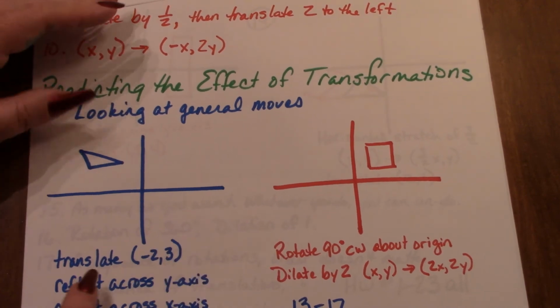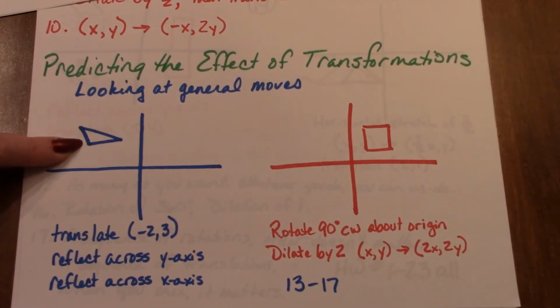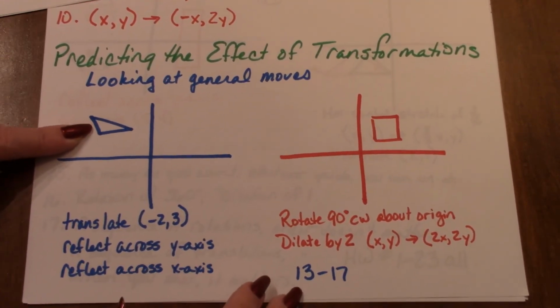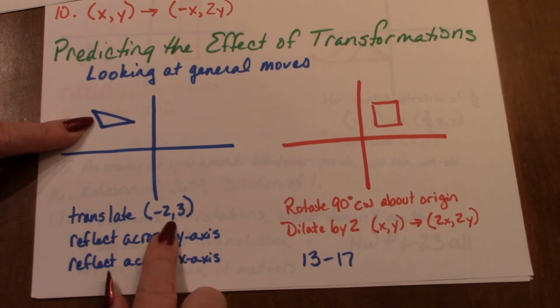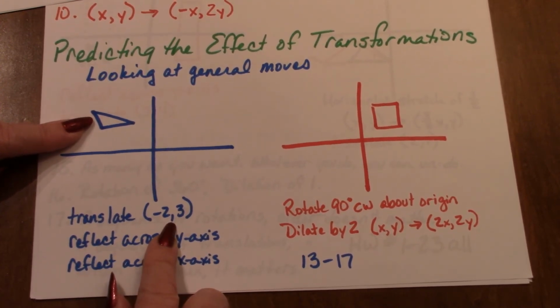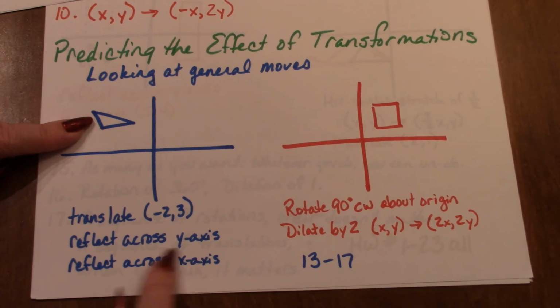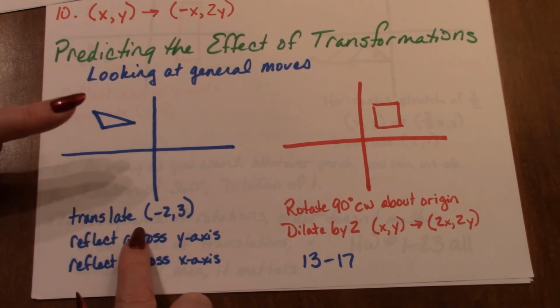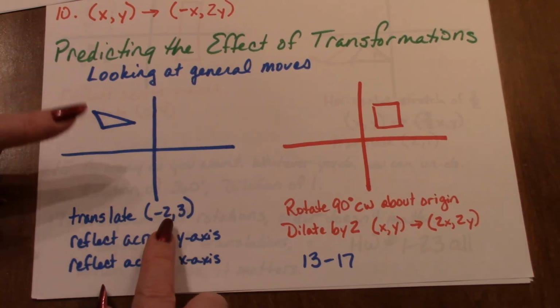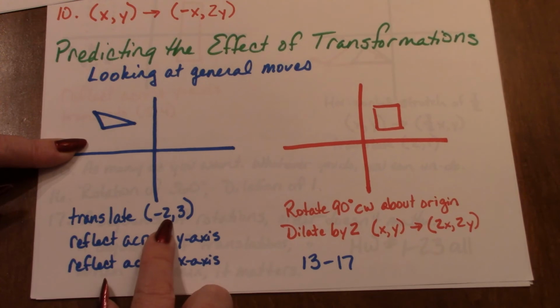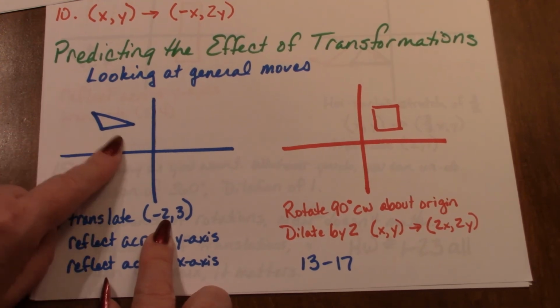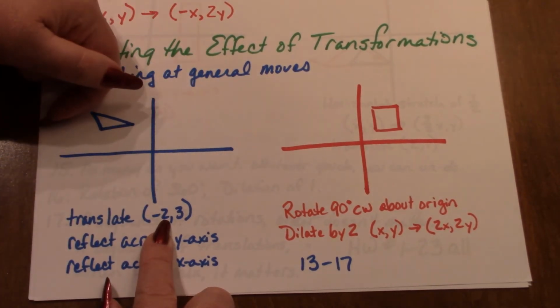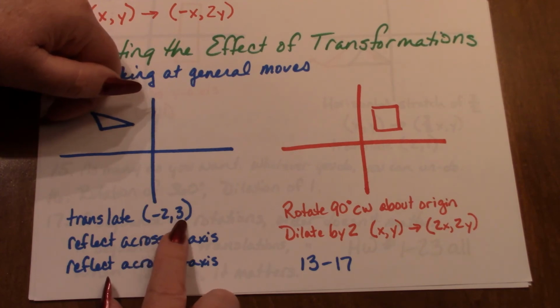For example, if we start with a triangle in quadrant 2, and it asks us to translate (-2, 3), and then reflect across the y-axis and reflect across the x-axis, where should it end up? Let's just look at it in general. If we translate, x is -2, that means we're going to move it to the left 2 and then up 3.